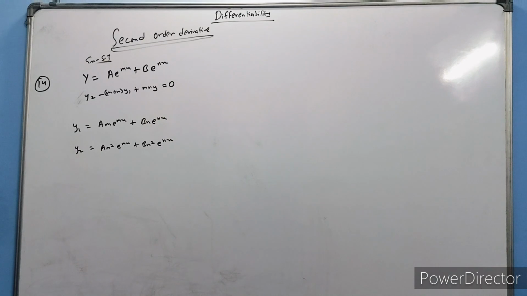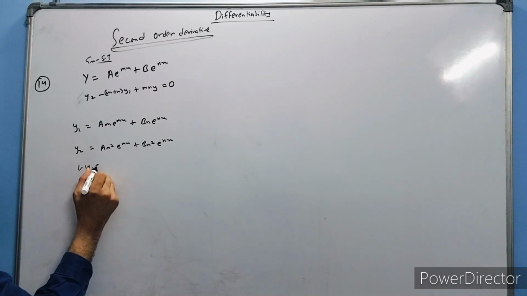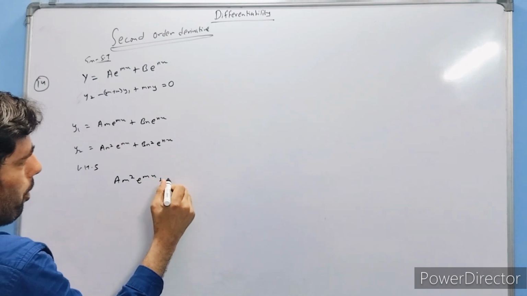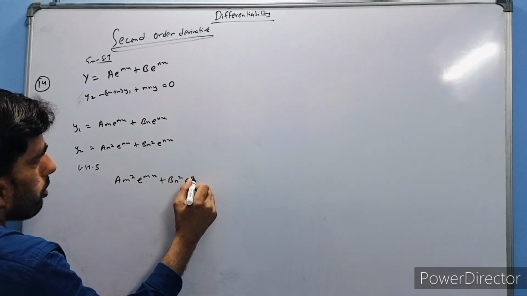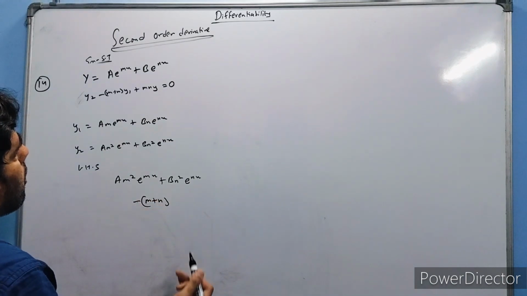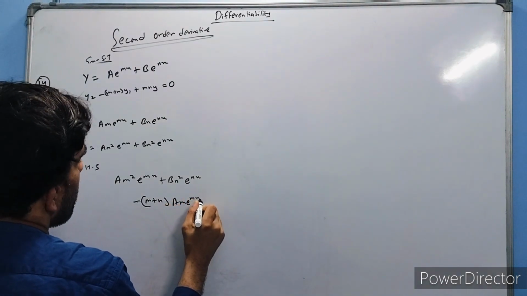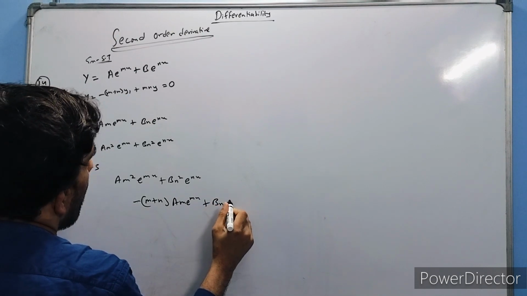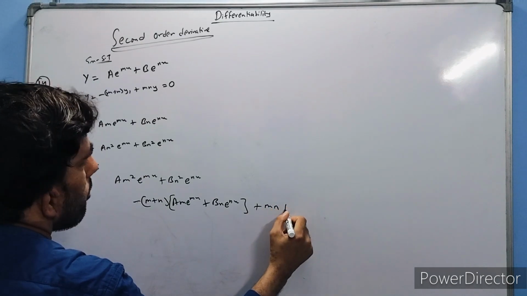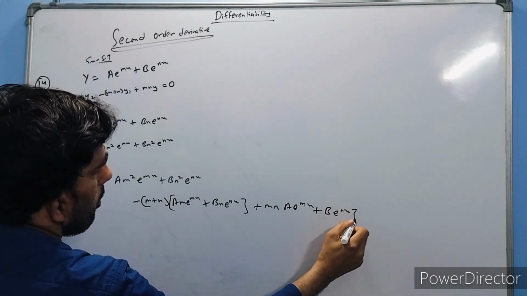Now we'll put these values in this. So we got LHS: y2 is am square e raised power mx plus bn square e raised power nx, minus (m plus n) times y1, where y1 is am e raised power mx plus bn e raised power nx, plus mn times y, where y is a e raised power mx plus b e raised power nx.